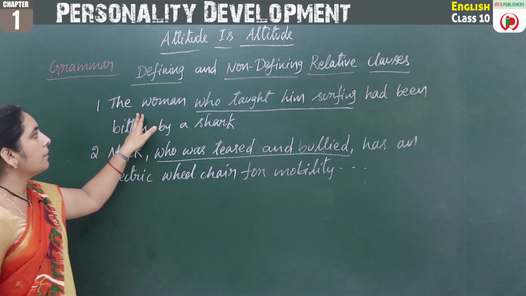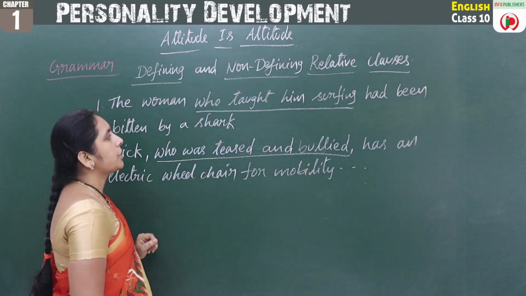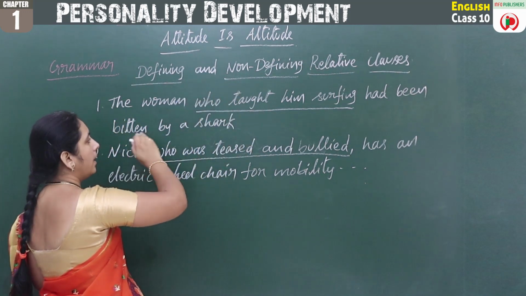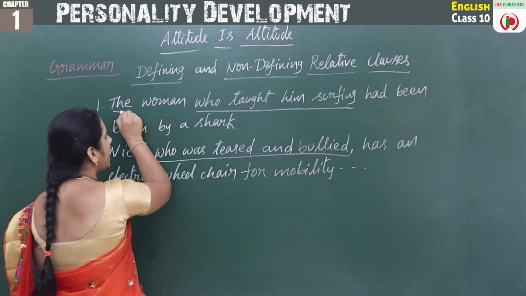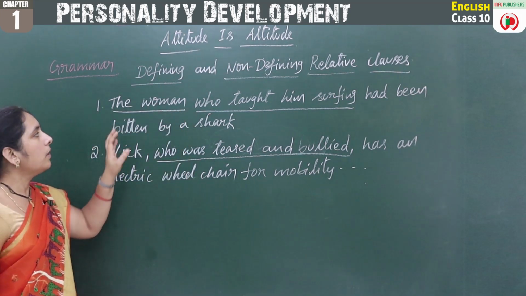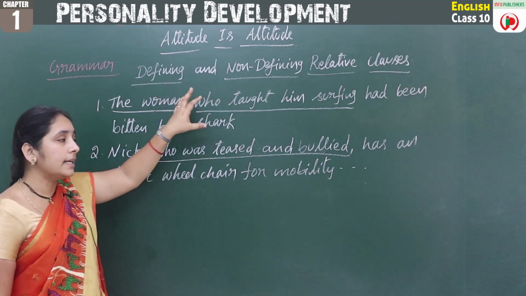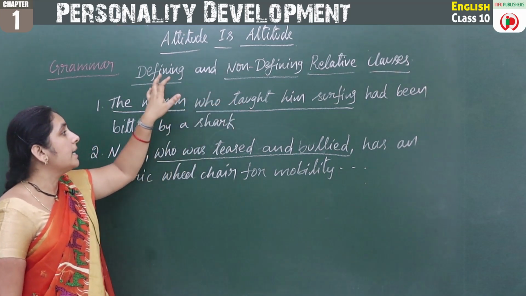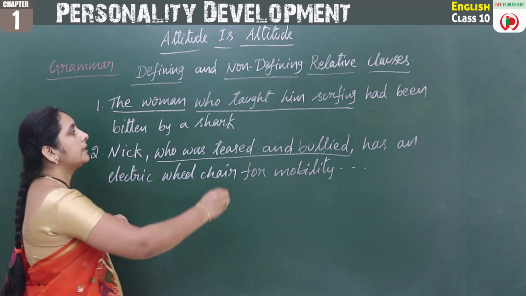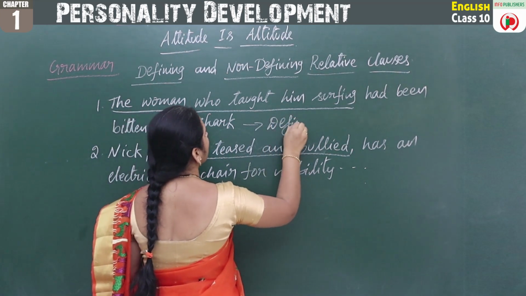See this one: the woman who taught him surfing had been bitten by a shark. That means the woman who taught surfing was bitten by a shark. The same woman, only one woman. This total part is defining this person, the woman. That's why this sentence is called a defining relative clause.